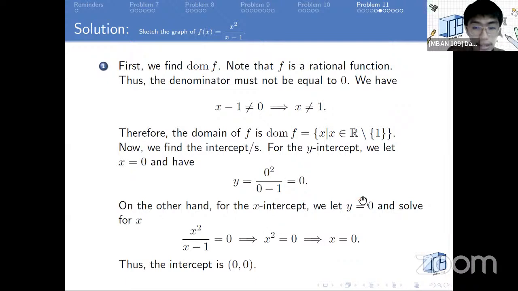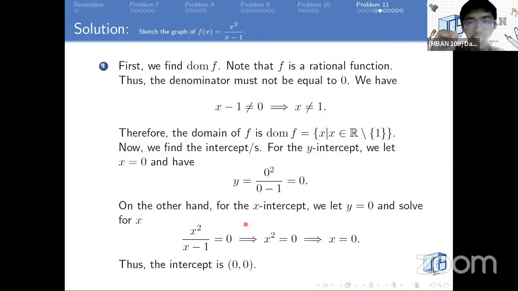Since x minus 1 cannot be 0, we can multiply. Be careful in multiplying in equations. Wag kayo basta-basta magmumultiply sa both sides ng equation ng isang variable kung hindi nyo sigurado na hindi 0 yon.